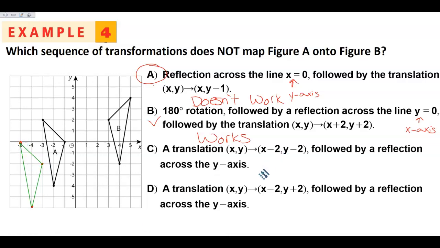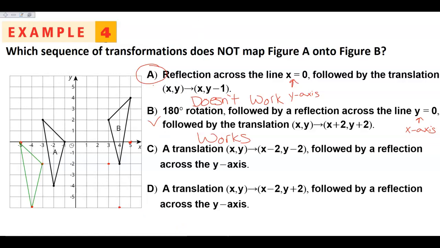All right, then we're going to reflect it across the y-axis. So from here, 1, 2, 3, 1, 2, 3, 1, 2, 3, 4, 5, over to 5. This is at -4, so we're going to go to +4.